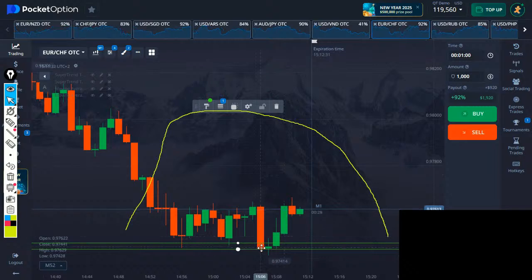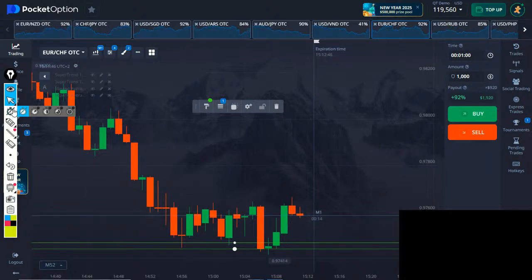As you can see, once the price reached this line over here, you can take 1 or 2 minute expiration trades. Both have been a winning trade. So till now, let me write this, let's do two columns.